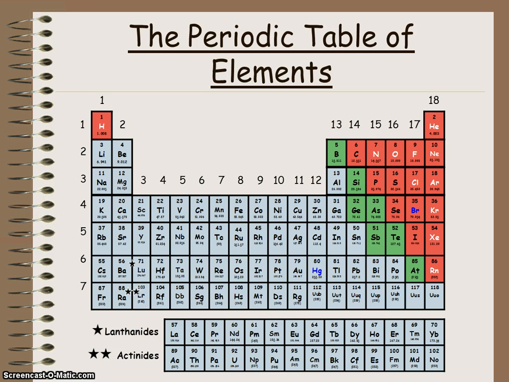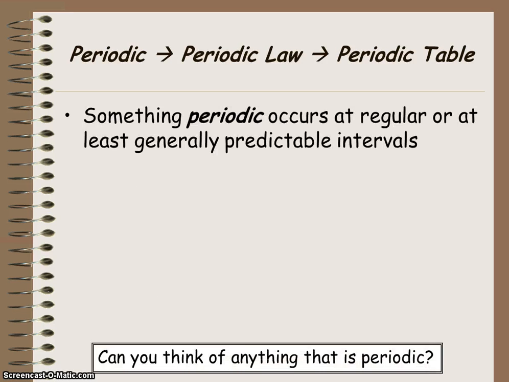So let's get started. First of all, it's important to learn about the periodic law, or something that's periodic. So something that's periodic occurs at regular or generally predictable intervals. I'm sure you can think of something that happens periodically, such as maybe your classes at school.